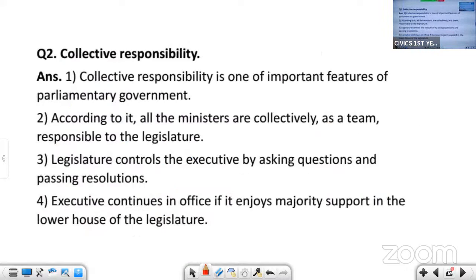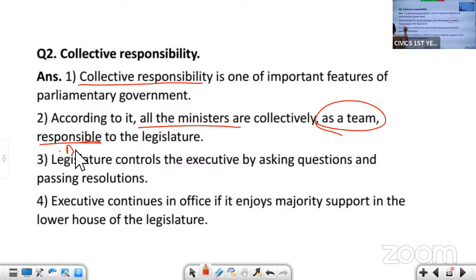Next is collective responsibility. This is what I explained when I was explaining parliamentary form of government. In parliamentary form of government, there is a principle called collective responsibility. What is this? It means that all the ministers collectively, as a team, together, are responsible.